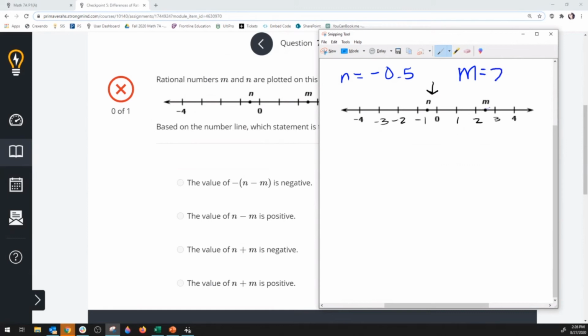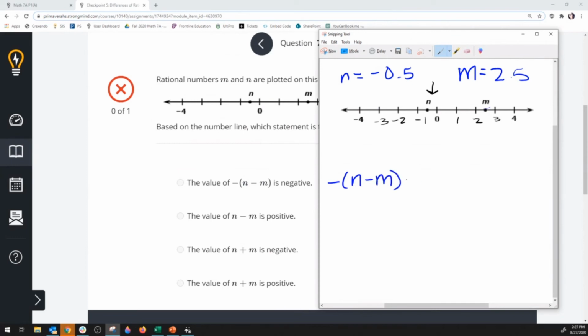Okay. So now we know what numbers m and n represent. The easiest way to do this one is to go through these different answer choices and do what the math is telling us and see if our answer is going to be positive or negative. Let's look at that first one, where I have -n minus m.